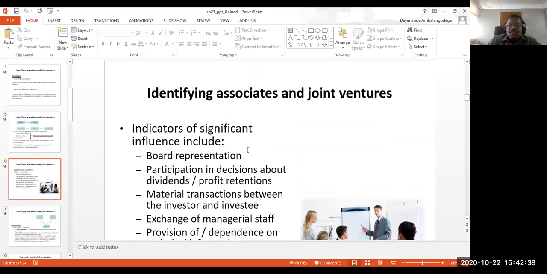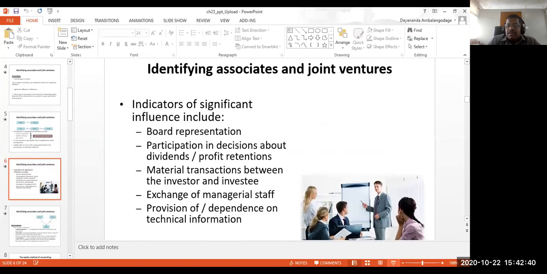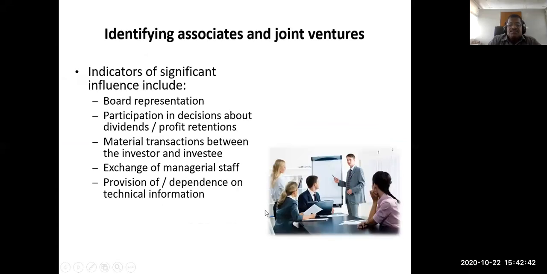Whether you have significant influence or not really depends on these factors. Board representation: if members from your investor side are represented on the board, we call it significant influence.